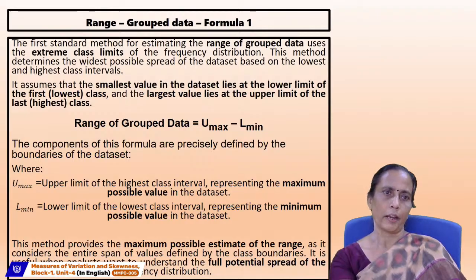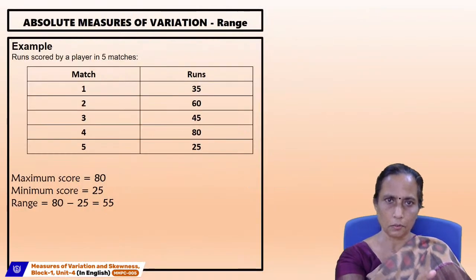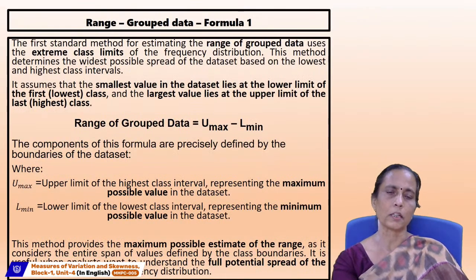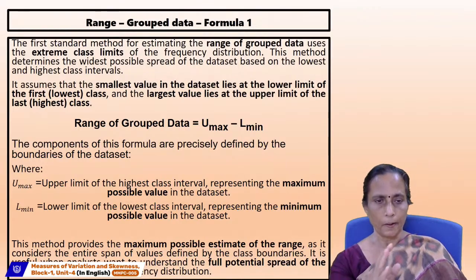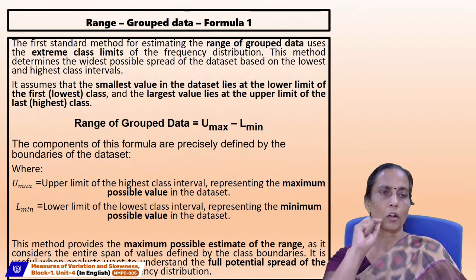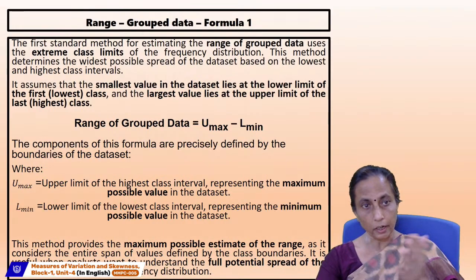So this one is for your ungrouped data. If your data is represented using class intervals, or a frequency distribution, then it is called grouped data, which we have already covered.